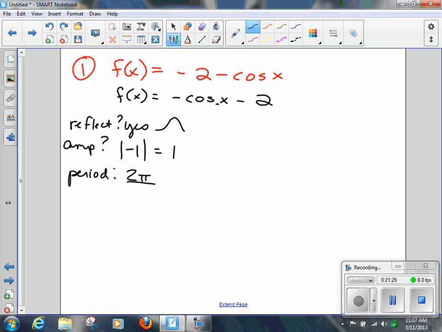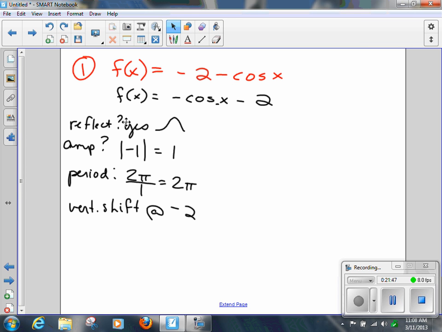So it's going to be 2 pi divided by 1, which is 2 pi. Period represents the length of the curve. And then vertical shift at -2. How many of you had that? Rock on, high five.